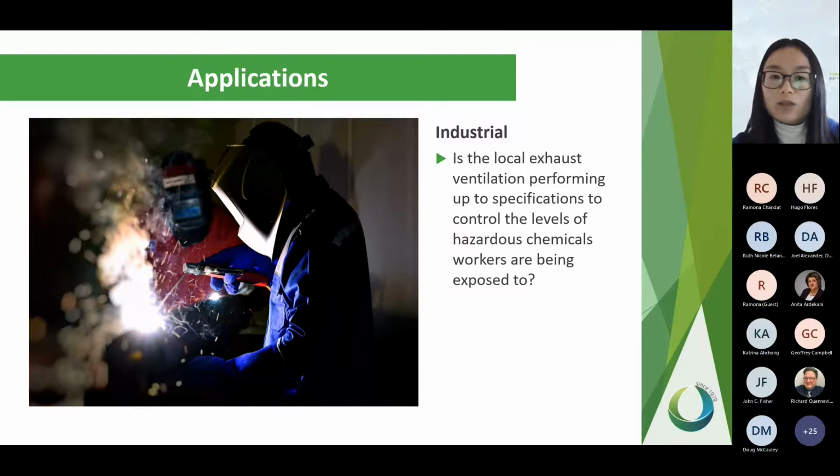So for some local exhaust ventilation hoods, there are ranges or target ventilation values that must be met for the ventilation to be performing up to specification in order to adequately protect the workers. So we can use tracer gas testing to answer the question of whether the local exhaust ventilation is performing up to these specifications to control the levels of hazardous chemicals that workers are being exposed to.